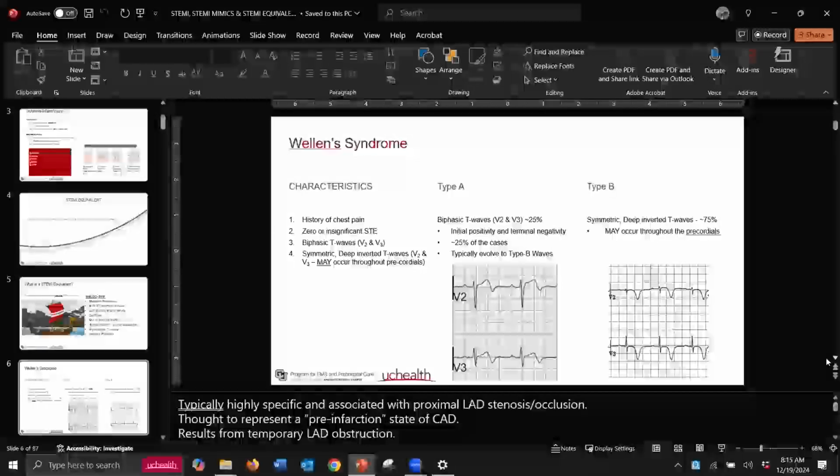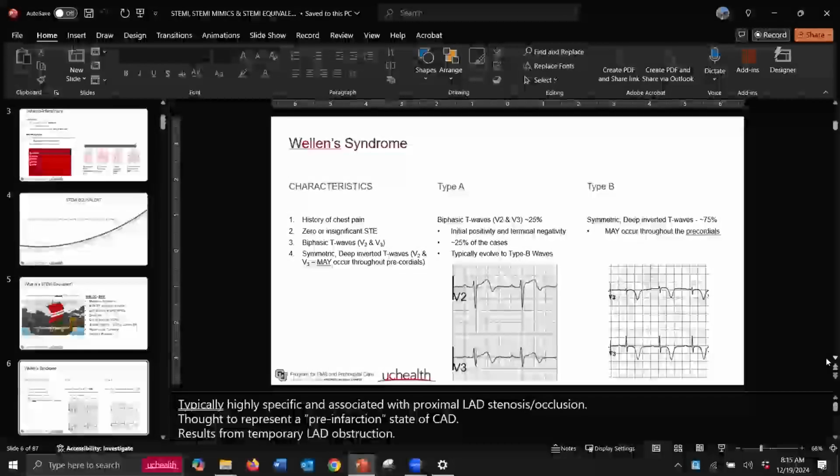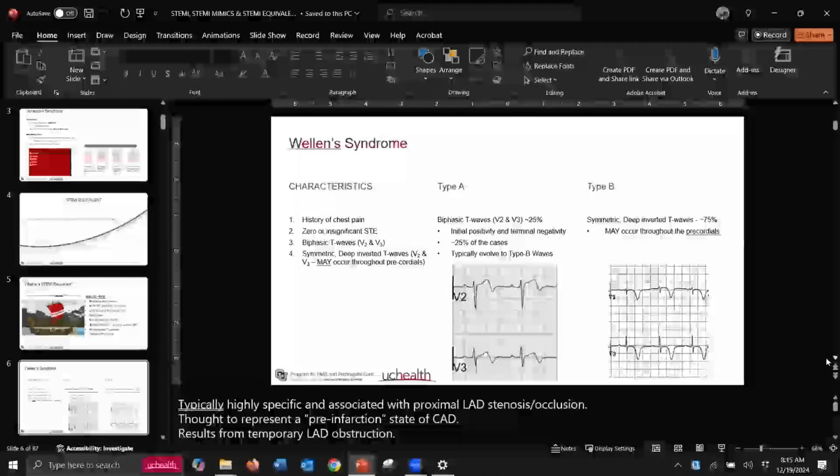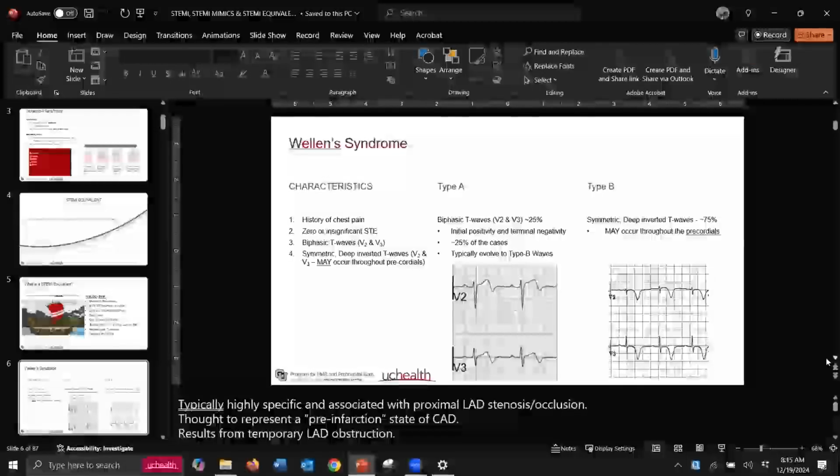What does that correlate to? Depending upon who you read, greater than a 75% chance of an LAD occlusion, also known as the widowmaker. That's a lot of myocardial real estate in that left ventricle that is accompanied with this.